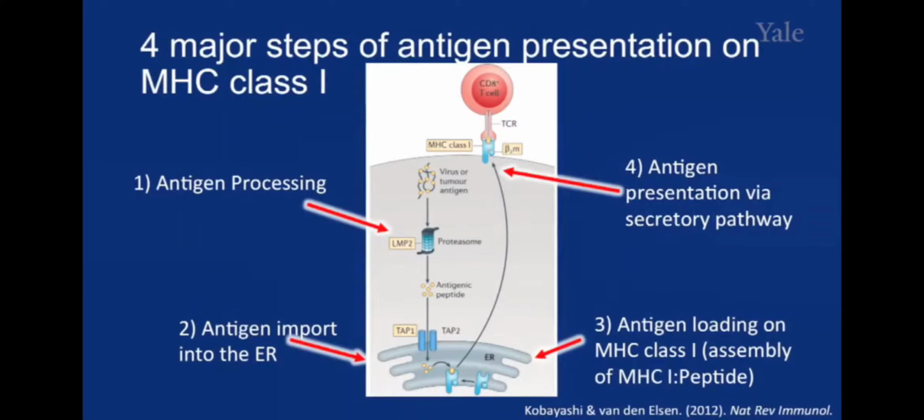Then, because MHC Class 1 molecules are synthesized into the endoplasmic reticulum, the antigen will need to be imported into the ER in order to interact with MHC Class 1, because it started out in the cytosol. For step 3, the antigen peptide will bind to MHC Class 1, and this will happen within the context of the ER where this is all assembled.